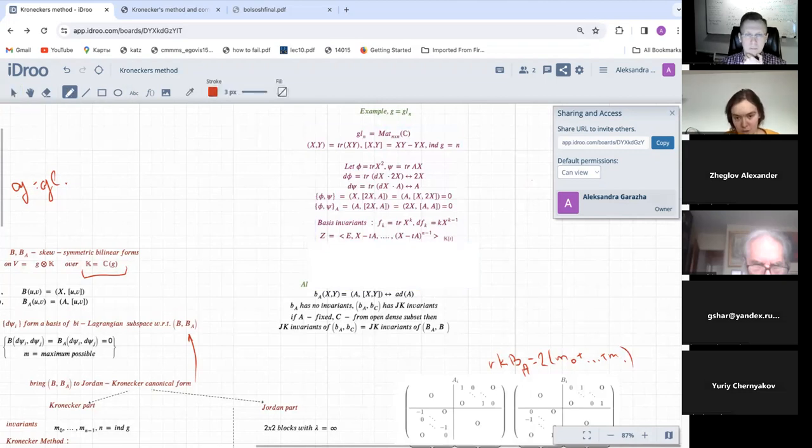It's just the identity matrix, then matrix A, then matrix A squared, and we go till A to the power n minus 1. So it means that if element A is regular, that is, if its powers are linearly independent, then this basis is already minimal.